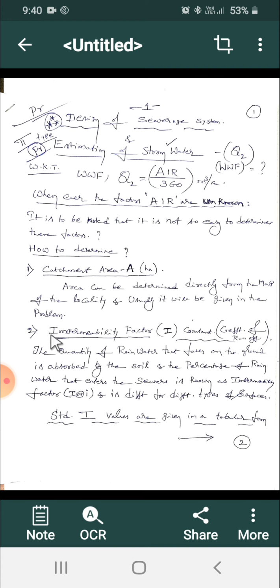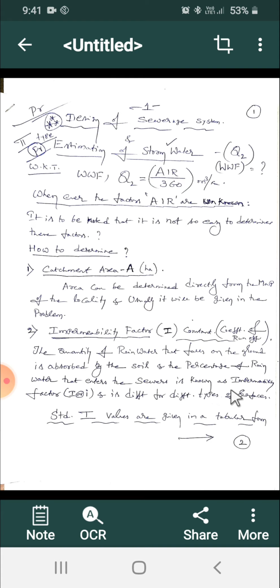Next is number 2, that is the I value. What is the I value? This is the impermeability coefficient, also called coefficient of runoff. Remember it. The quantity of rainwater that falls on the ground is absorbed by the soil, and the percentage of rainwater that enters the sewers is known as the impermeability factor.